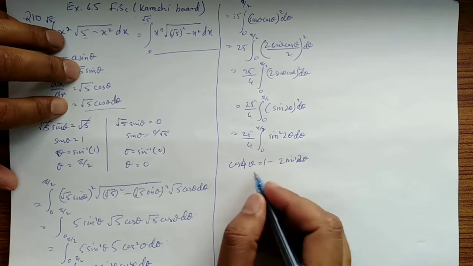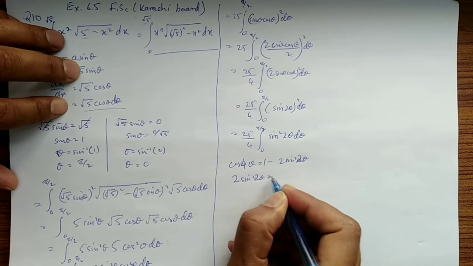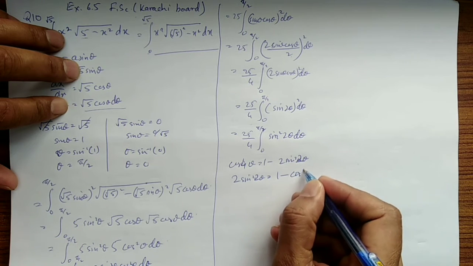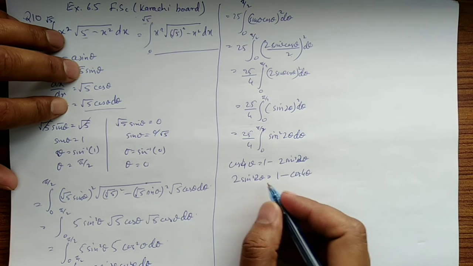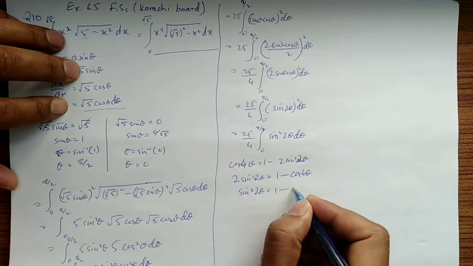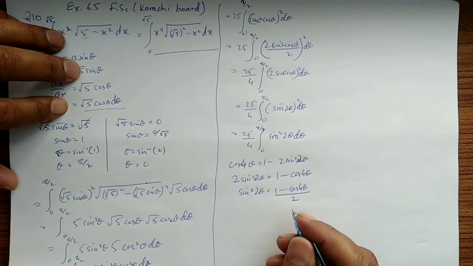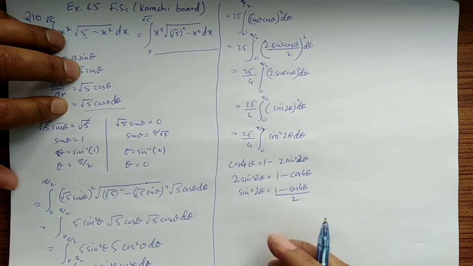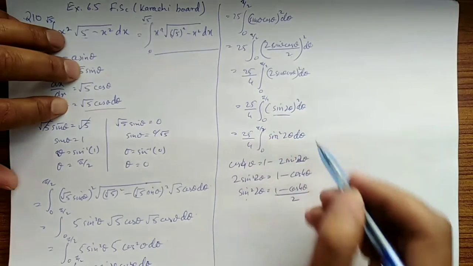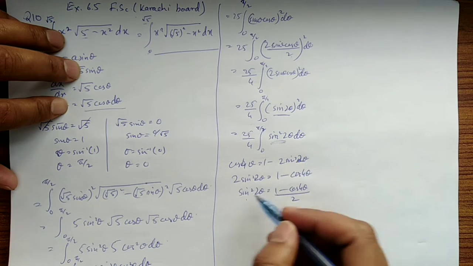So we can rearrange: 2 sine square 2 theta equals 1 minus cos 4 theta, and sine square 2 theta is equal to 1 minus cos 4 theta divided by 2, right?